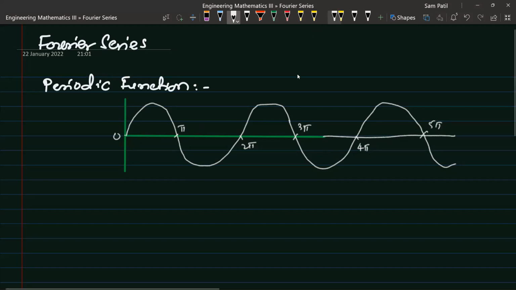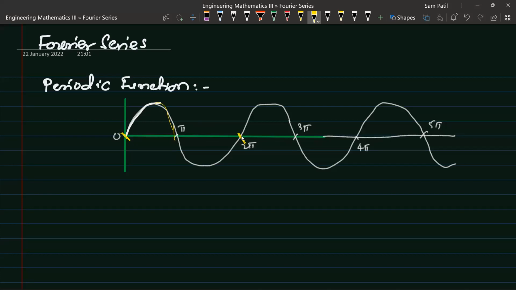If you observe what is happening here, the curve starts from here and ends here. This is one rotation of this curve.